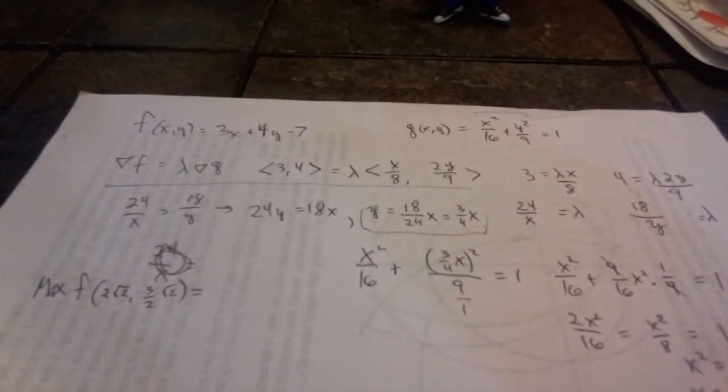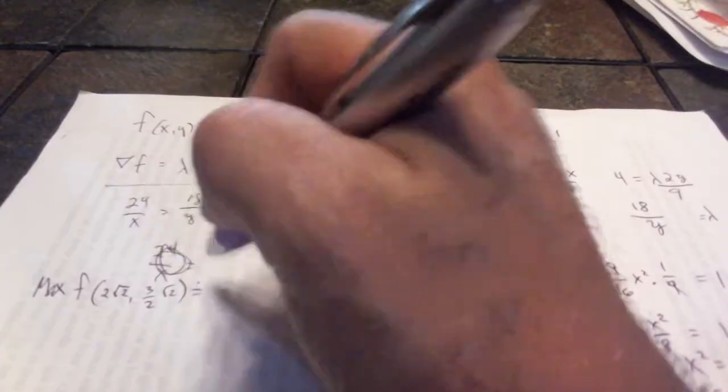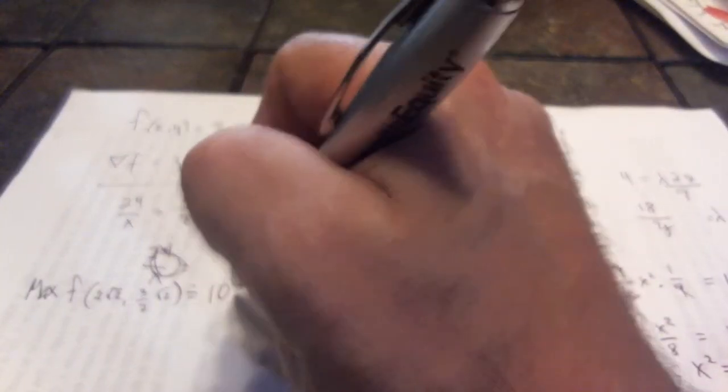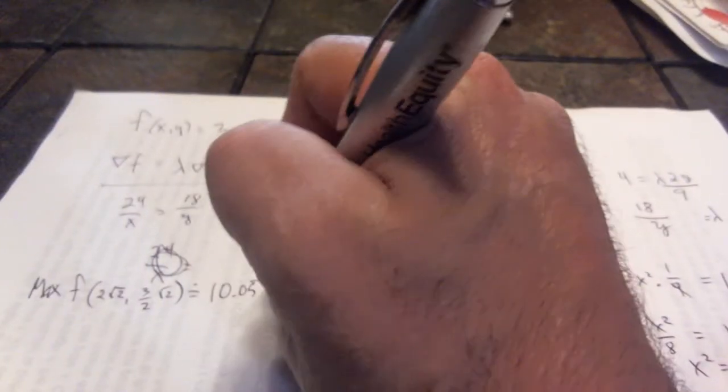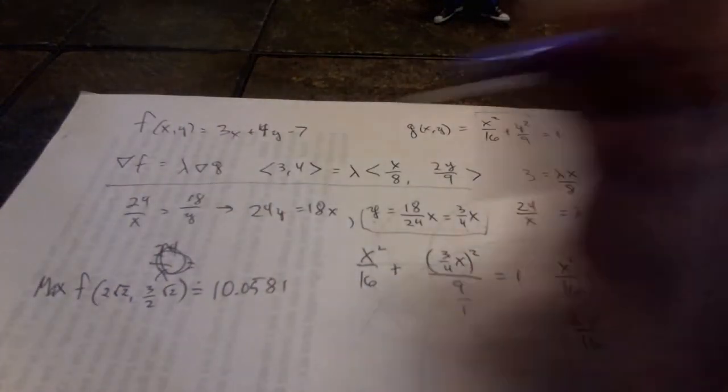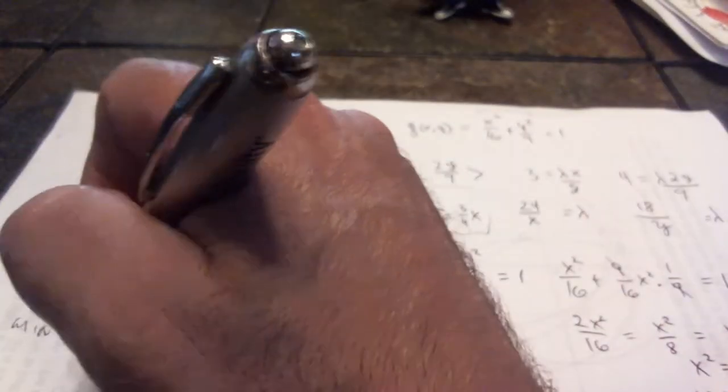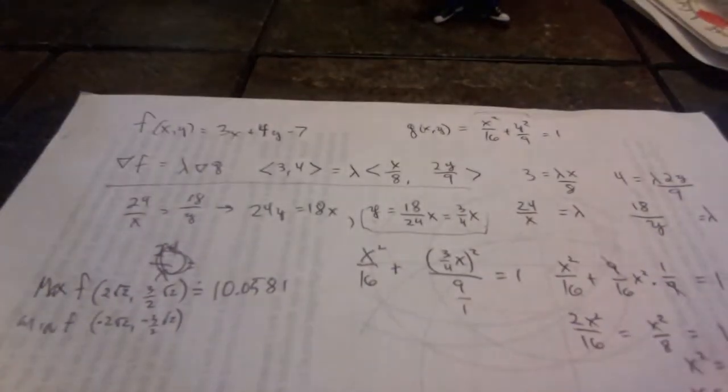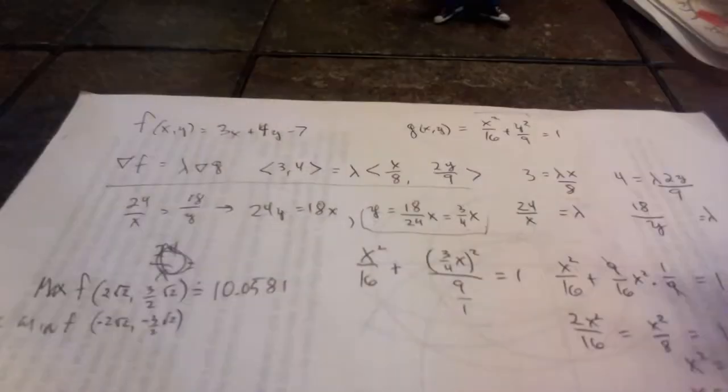And I did this calculation on my calculator, and I got 10.0581. And then min f, which wasn't requested this time, but we're getting it for free, is going to be when both of those are negative. So that's just an FYI. That's where the min will occur.